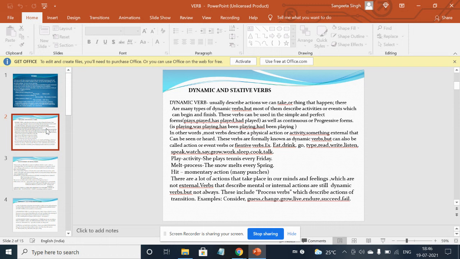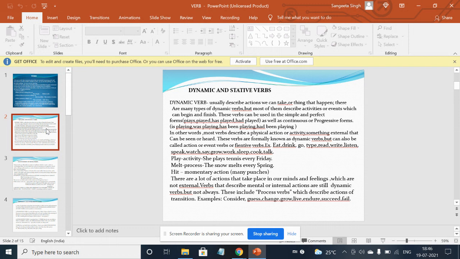Example: she plays tennis every Friday. Melt, show, process: the snow melts every spring. Heat also shows momentary action. There are a lot of actions that take place in our minds and feelings which are not external.